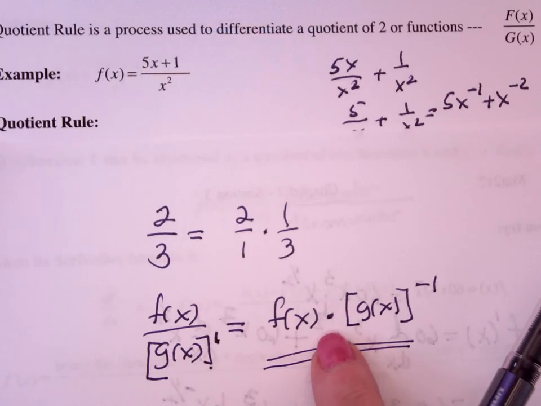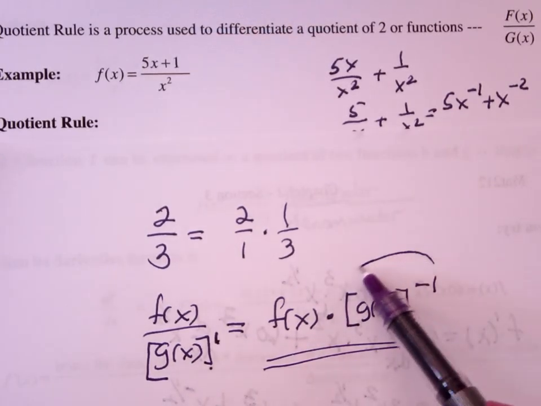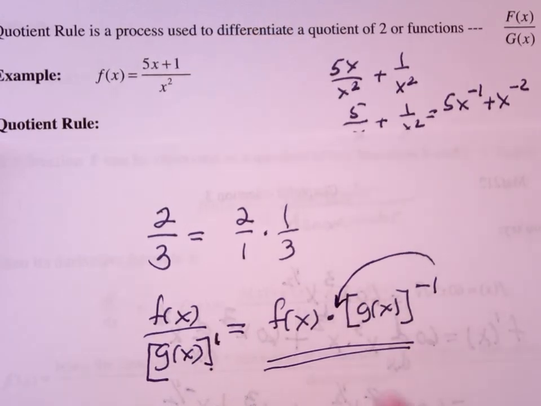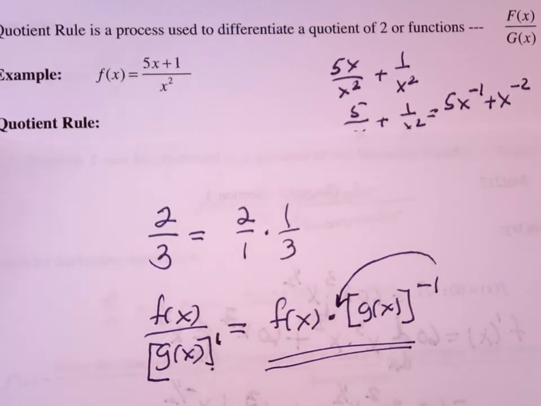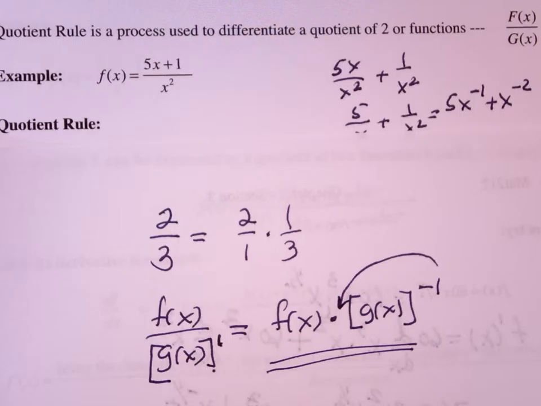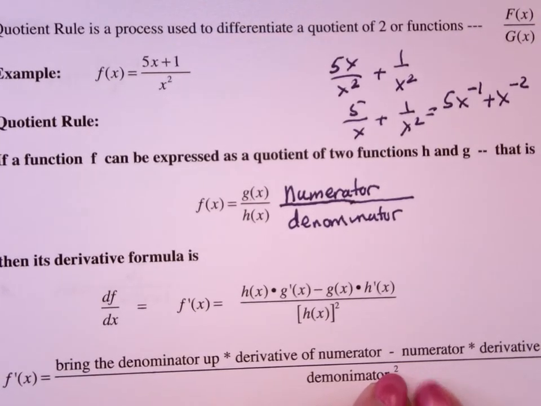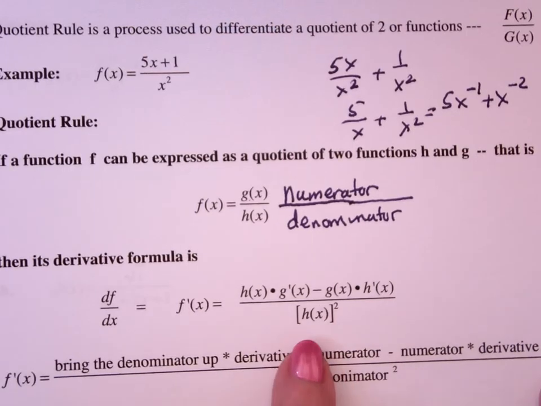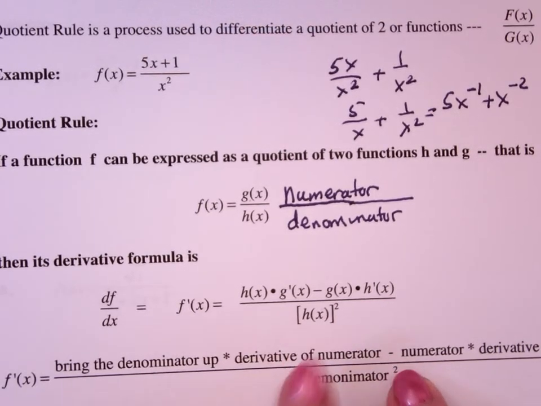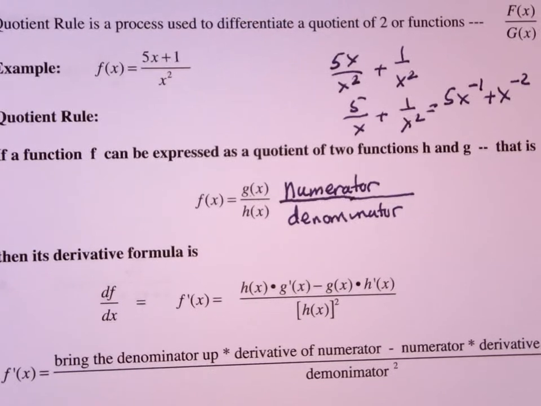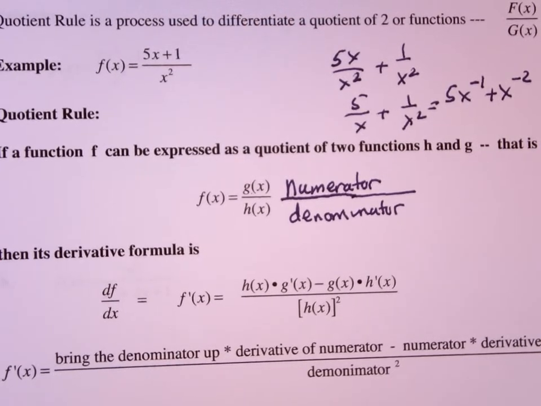Where this would have been a plus in between, if I use product rule, if I'm going to multiply and take the derivative of that denominator, it's going to be minus 1 times the derivative of the denominator. That's where that minus comes from. Because it's the numerator times the derivative of the denominator, that denominator brings a minus 1 in here. So I just remember, it is very, very much like product rule.